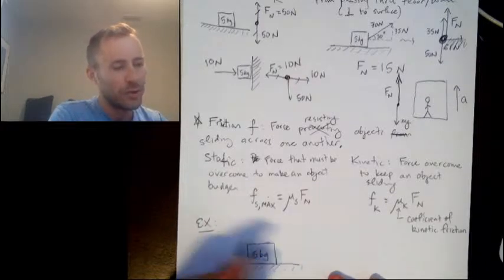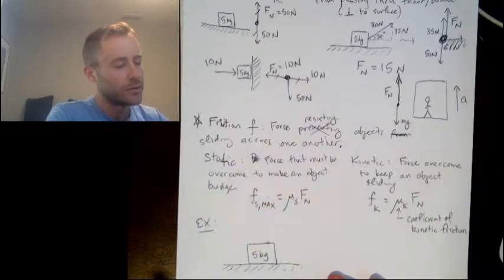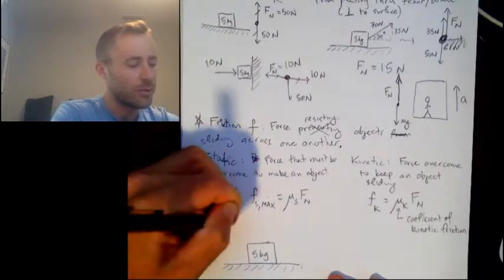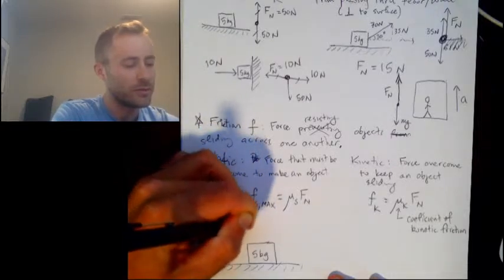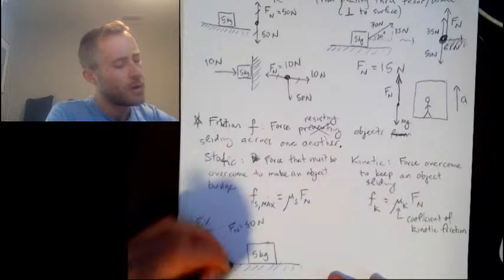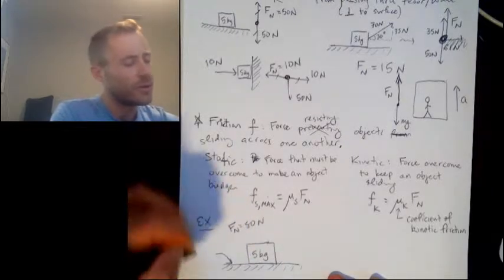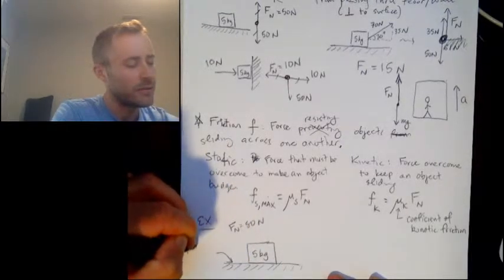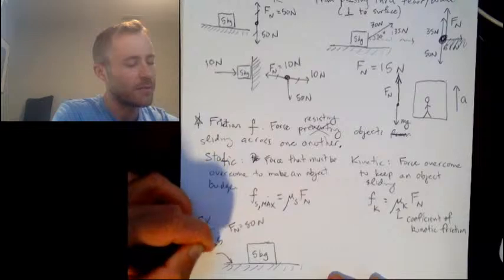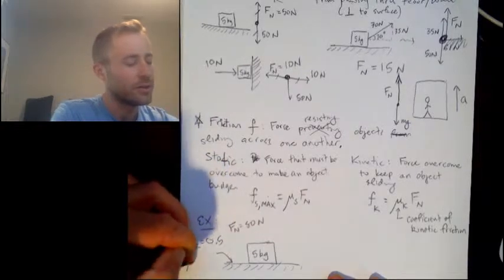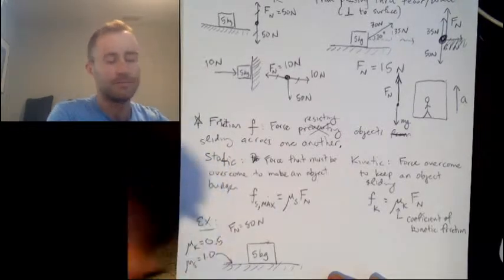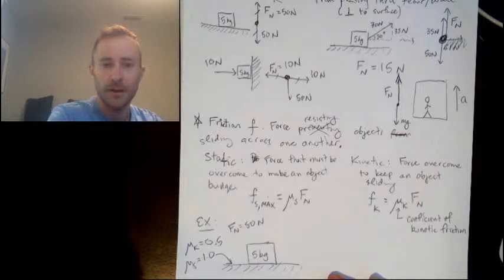And there's no other vertical forces. So we can say in this problem that the normal force is equal to 50 newtons, m times g. We'll say that the coefficient of kinetic friction is 0.5, and the coefficient of static friction is 1.0. All right?